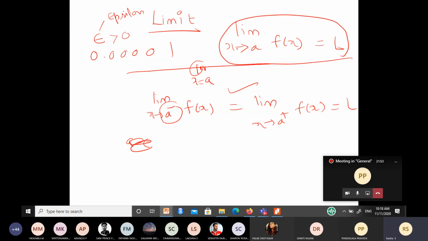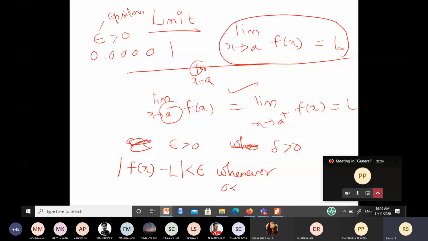Whenever x approaches a, your f of x should approach L. In pure mathematics, there is a definition: there exists a delta greater than 0 such that modulus of f of x minus L is less than epsilon whenever the distance between x and a is less than delta. Delta is also a very small value.